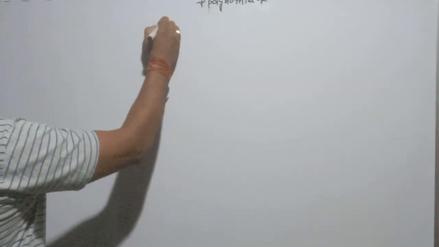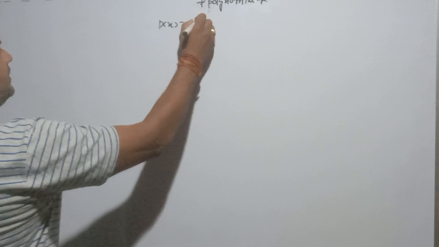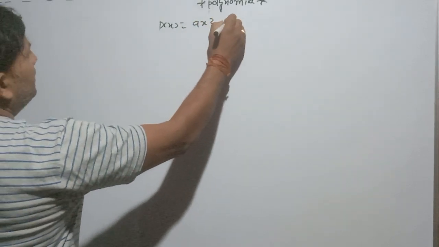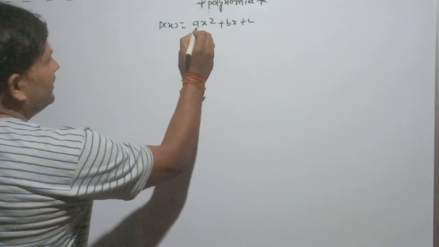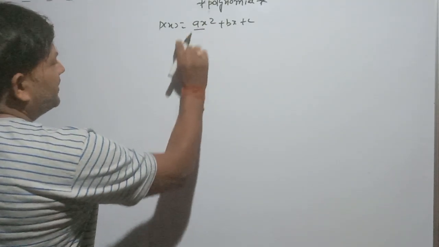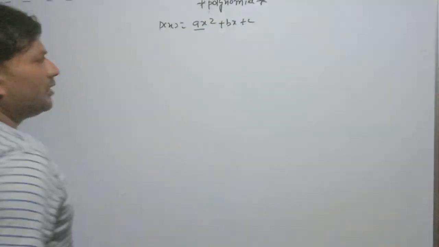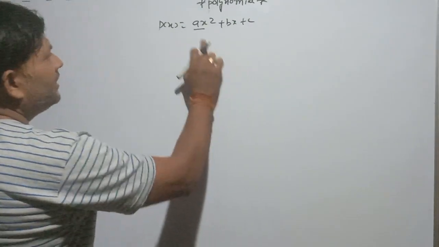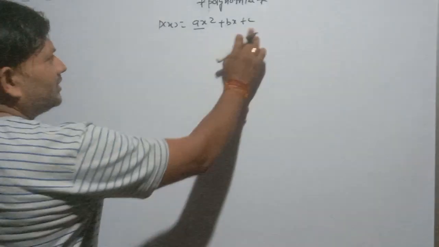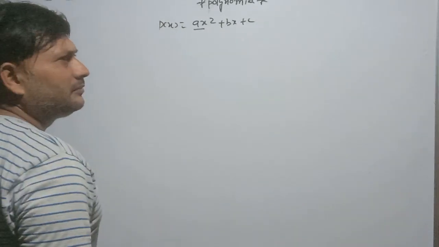Suppose that I have a polynomial p(x) = ax² + bx + c. You can see that this is the first term, second term and third term. The first and second terms are variable terms and the third term is a constant term.